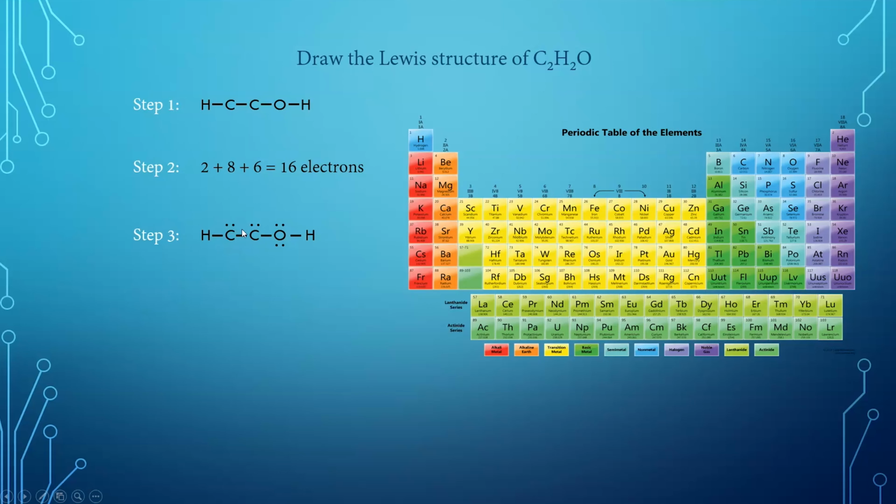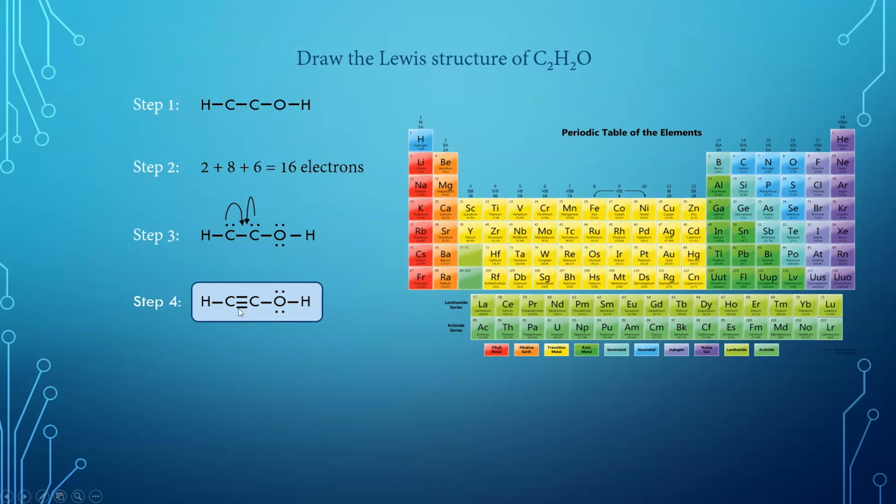Each of these carbons now only has 6 valence electrons, and that means we will have to go to step 4. We're going to need to move this pair of electrons into the middle, and we'll have to do the same with this pair. And when we do that, we end up with a triple bond between the 2 carbon atoms.